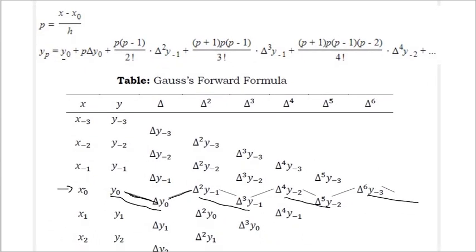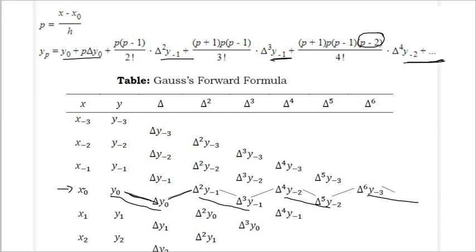which is y naught plus p into delta y naught, that is over. Next term will be p into p minus 1 by 2 factorial into delta square of y minus 1, and next p plus 1 into p into p minus 1 into delta cube of y minus 1, by 3 factorial also. So in the next term, now we will increase p minus 2 here, one more term, and minus 1 already occurred 2 times, so now minus 2 will occur 2 times.